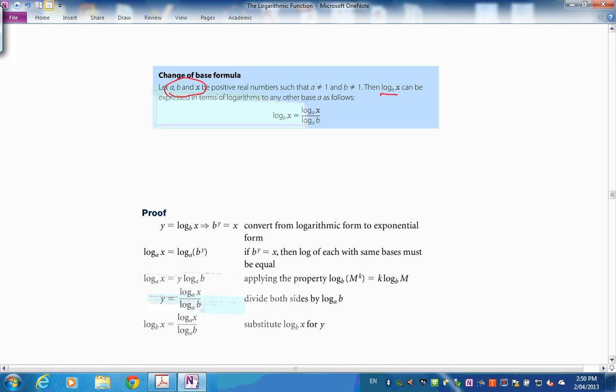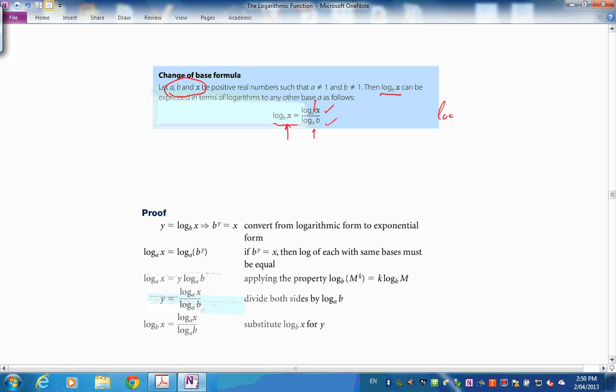And we're saying if you want to find log to the base b of x, then you could convert it to a base that you know. You first of all find log to the base, the known base a, let's say, of x, and then you divide by, let's say, a conversion factor, log to the base, that known base, of the converting base. So I'd like to put this in words.